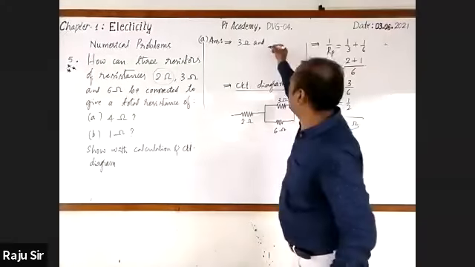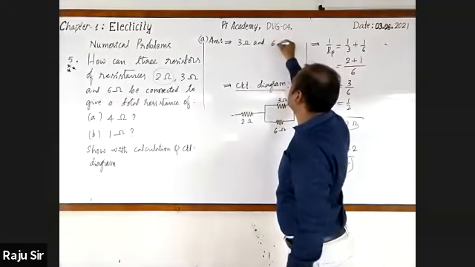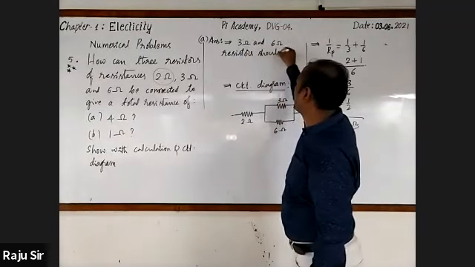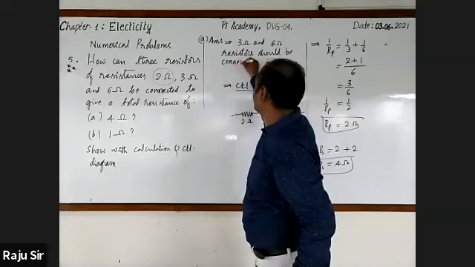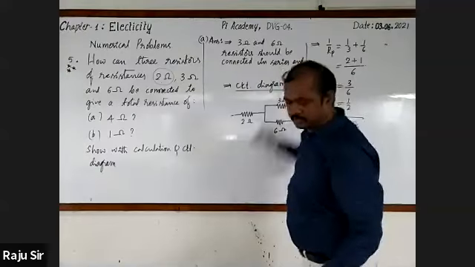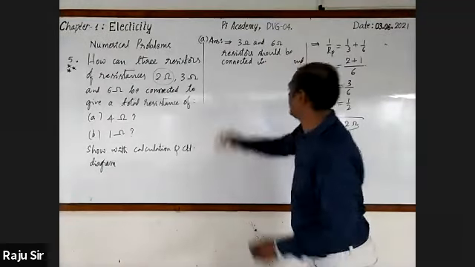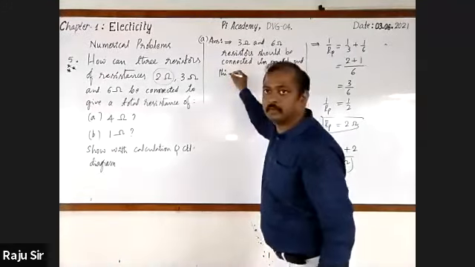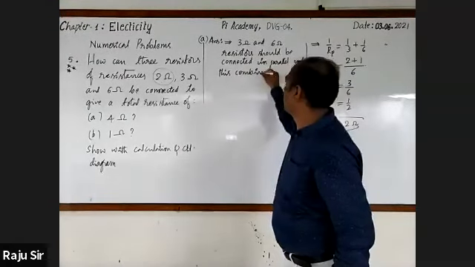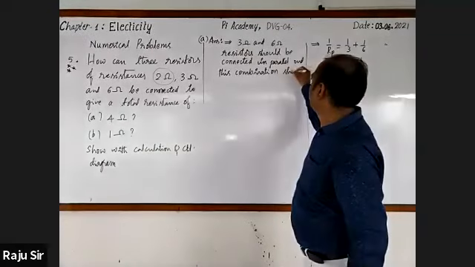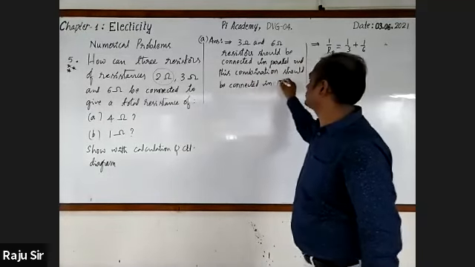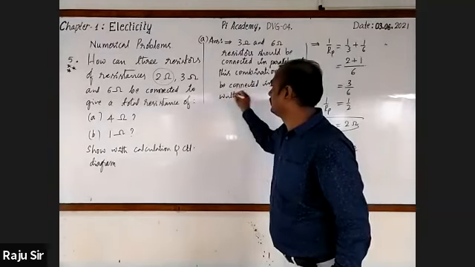Right. 3 ohm and 6 ohm resistors should be connected in parallel, and this combination should be connected in series with 2 ohm.